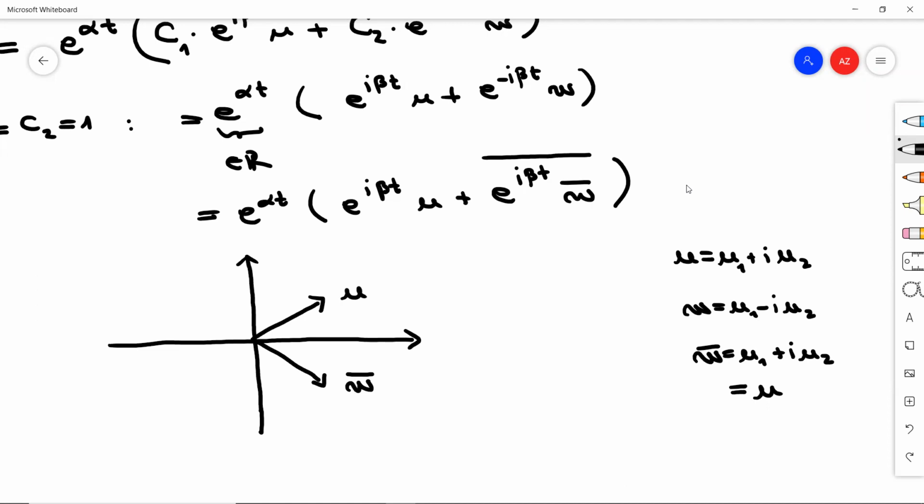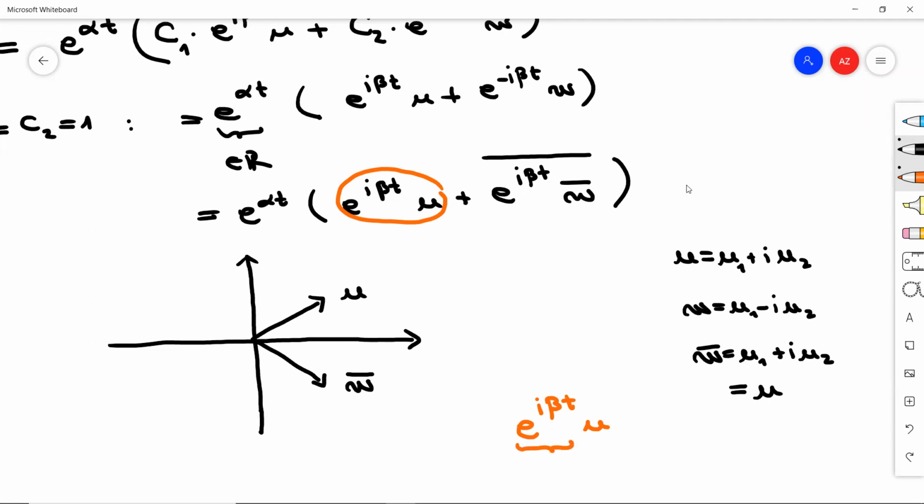Beta is a fixed real number and t varies. So as t varies, what's happening with this part, e to i beta t u?